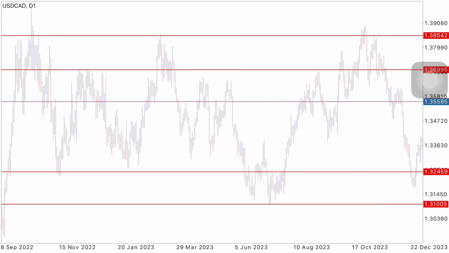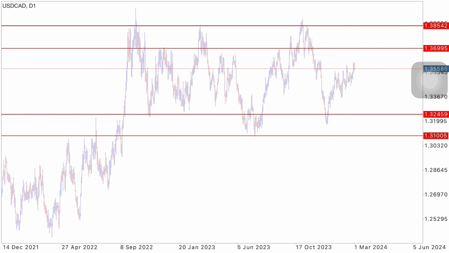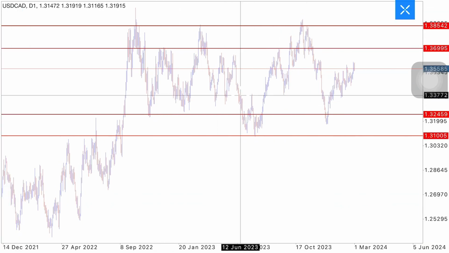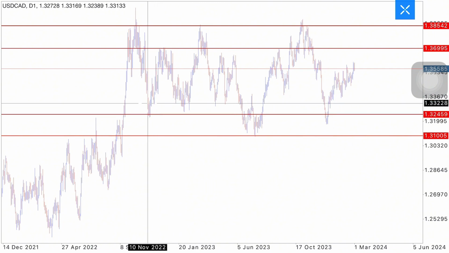Okay, so seeing this current overall market structure which we are having here, it is much more similar to the one that we analyzed on our previous video.